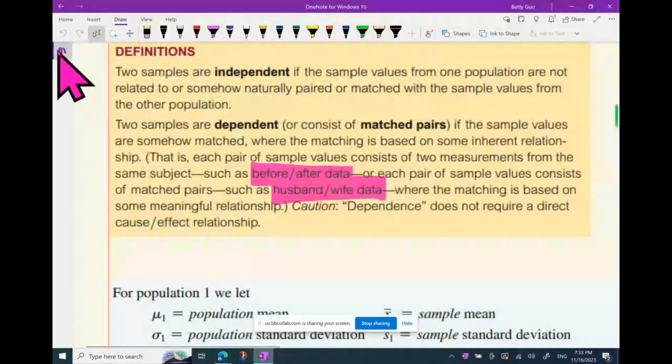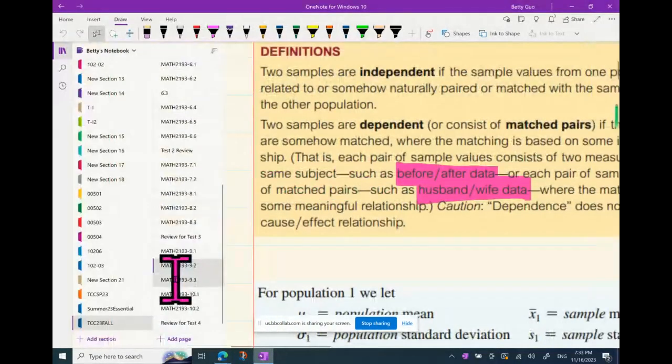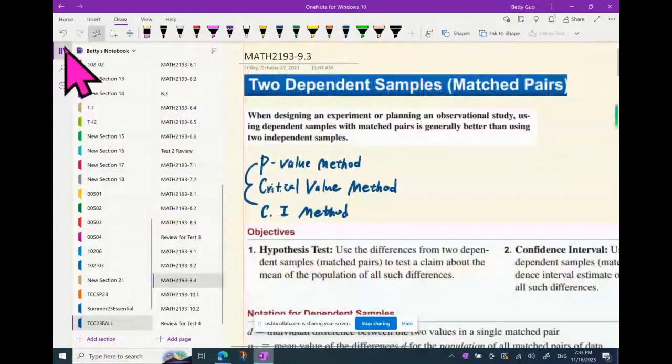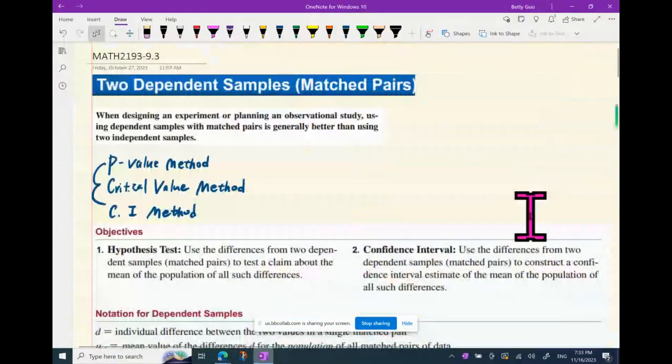Let's go to 9.3. And what do we do in 9.3? We still do hypothesis testing, but this time we are going to test the claim regarding the mean of differences of two samples, two dependent samples. Let me explain.